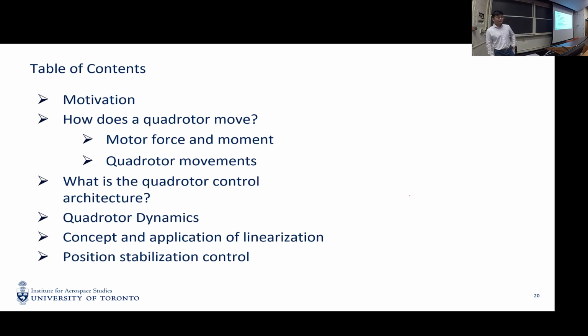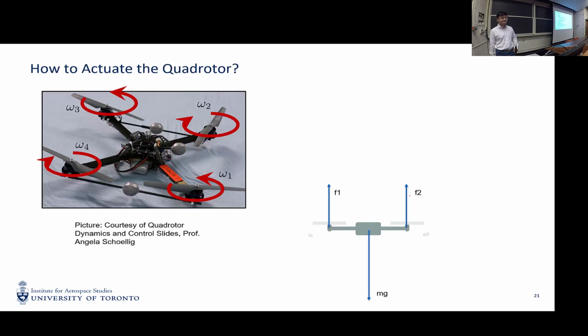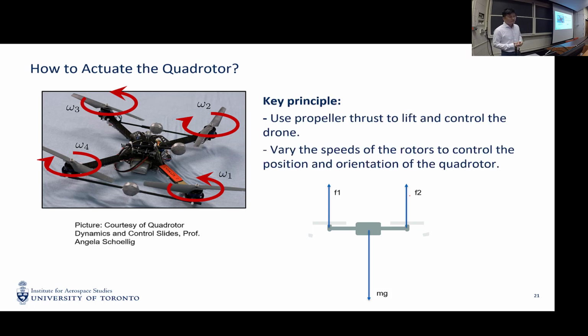Okay, now I'm going to talk about some basic principles about the dynamics of the quadrotor. The quadrotor, as you can see, is actuated by 4 propellers. The spinning of the propellers creates lift on the system.